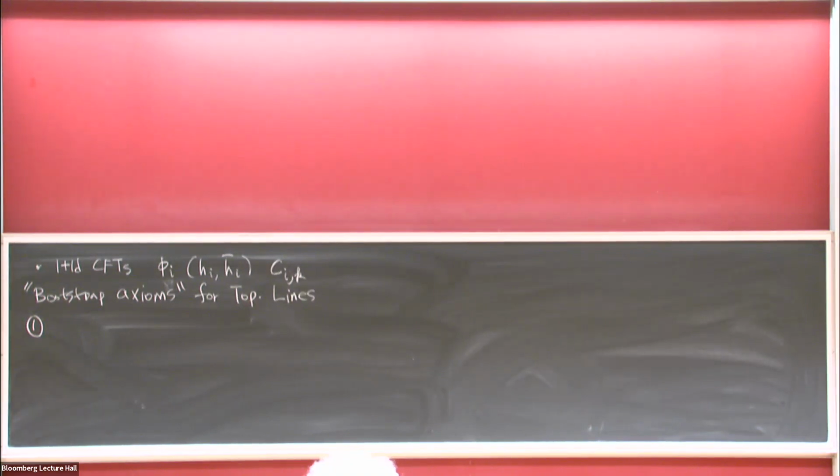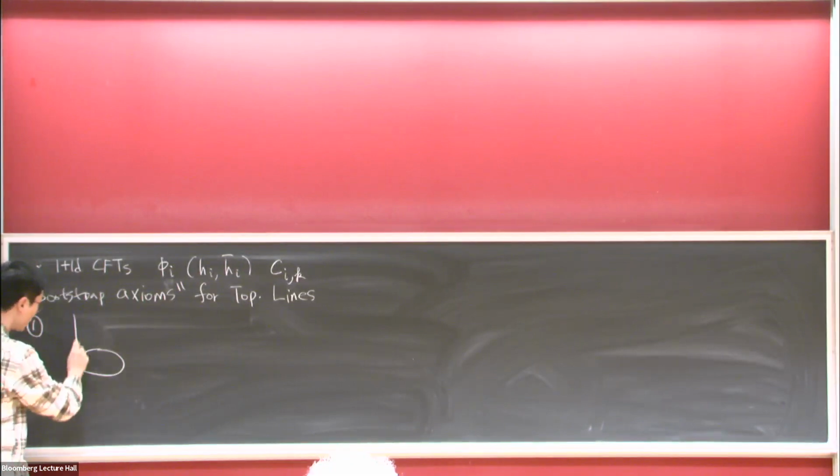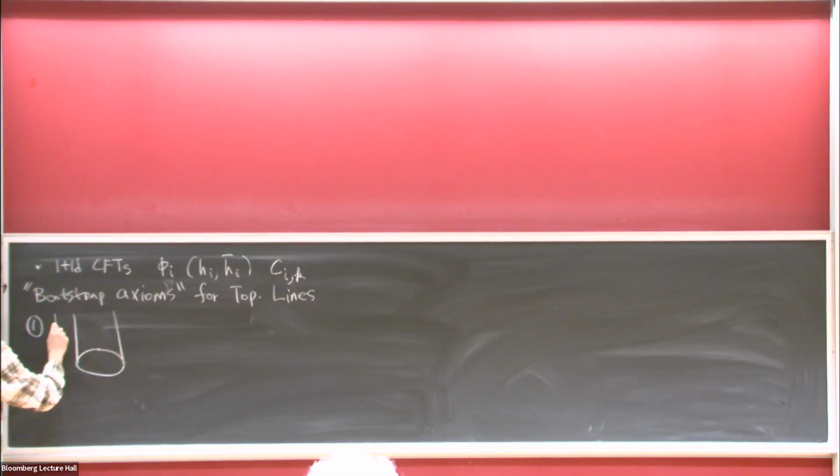First, I'm going to quantize my theory on a circle. So this is a spatial slice, and this is the Euclidean time direction.